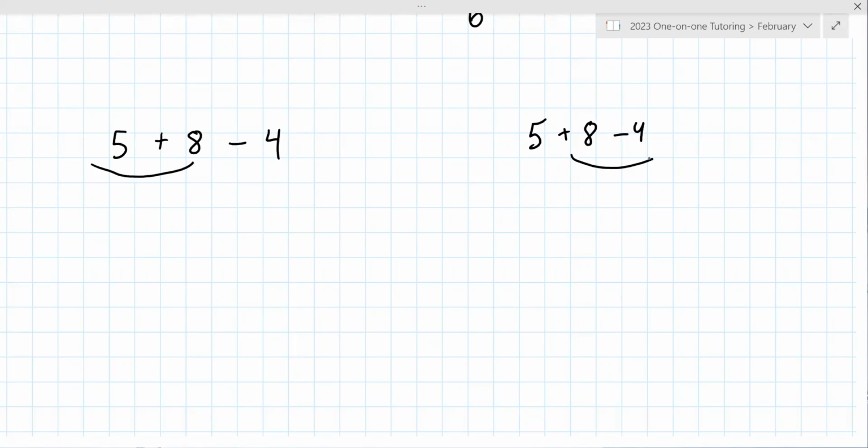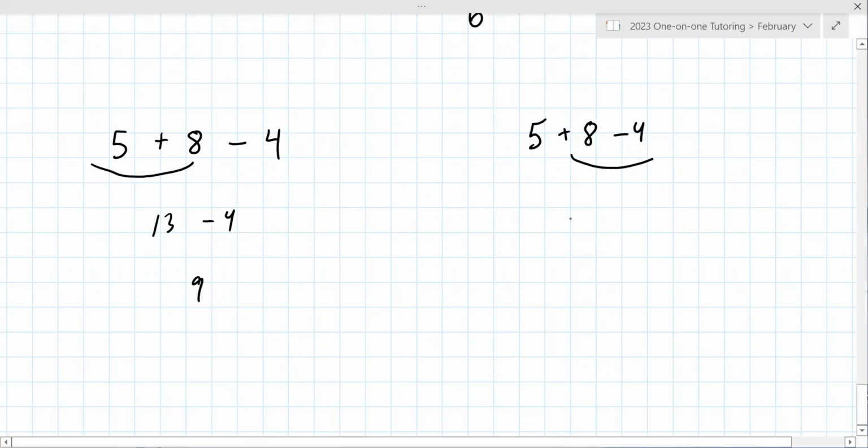I got both the same, 9. Right, it's 13 minus 4, which is 9, and 5 plus 4, which is 9.